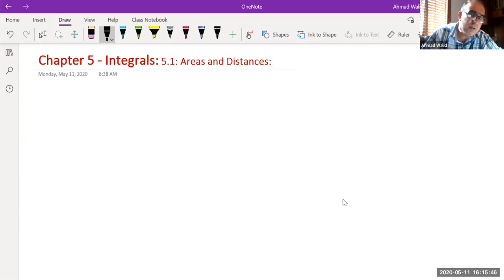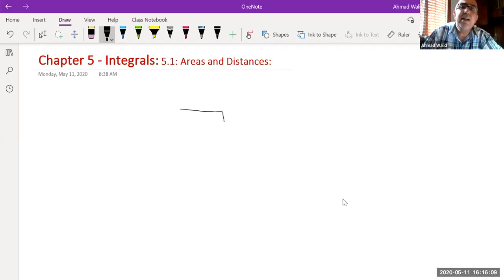The second part of calculus, or the second branch of calculus, is finding the areas under the curve. The first one was finding the rate of change, which was the slope of the tangent line. The second part is finding the areas under the curve.